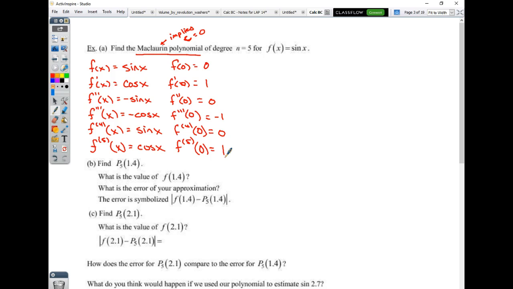So, if I want the fifth degree polynomial of x at the center of 0 for sine of x, we would have 0 plus 1 times x over 1 factorial. Notice that it's now x. It's not going to be x minus 0, obviously, because that just seems silly.